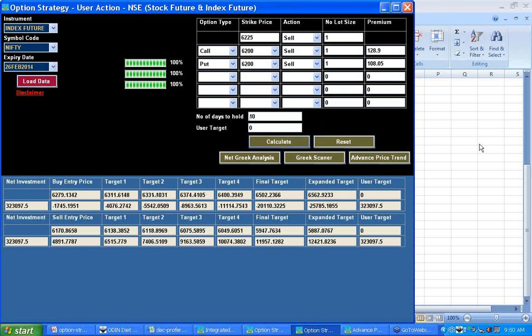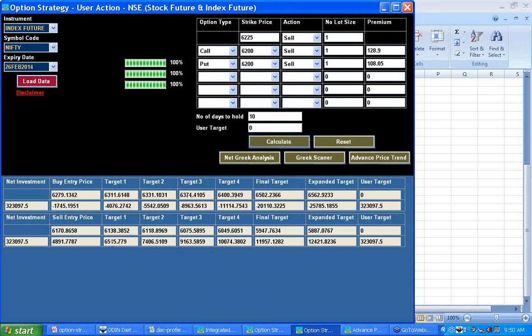Let me calculate here. Each successive fall is going to give me the profit. Each successive rise is going to give me the losses. And if it is going to 6,300, 6,331, 6,400 level, then my losses are going to increase.